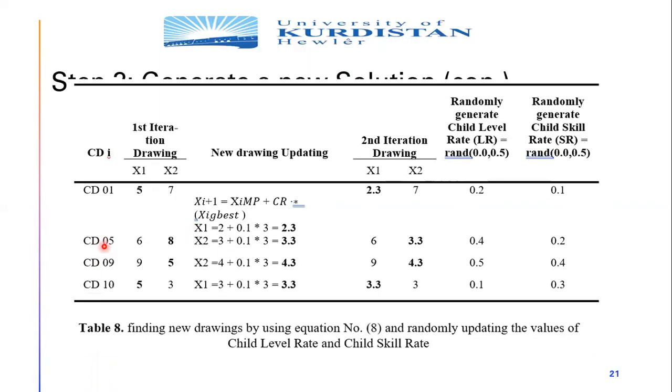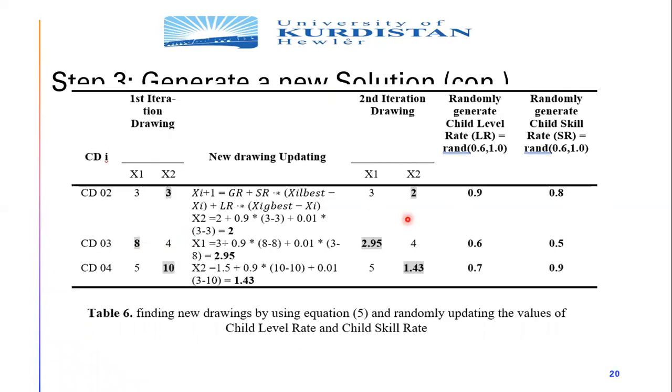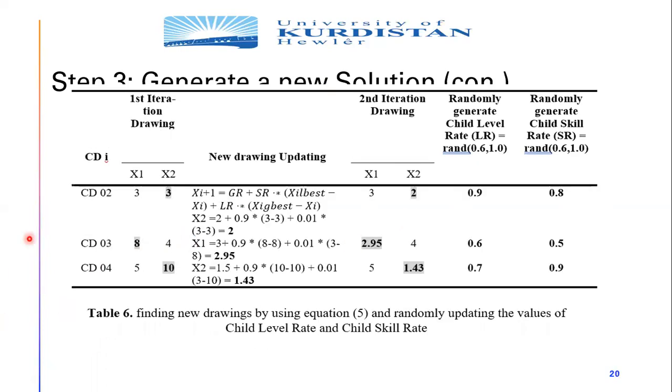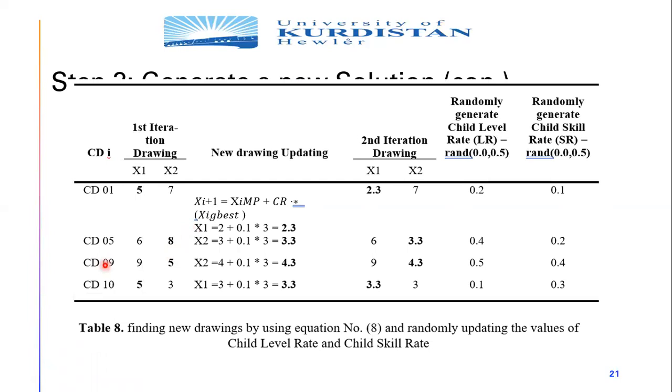So they are not updated. 6 also is not updated. So child 6, child 7, child 8 are not included in the updates in this iteration because neither the golden ratio is met nor the random hand pressure is met. So the two conditions are not met.